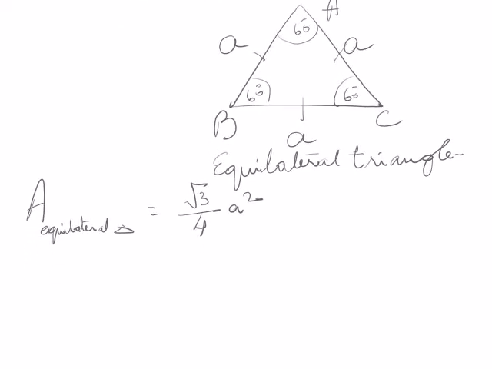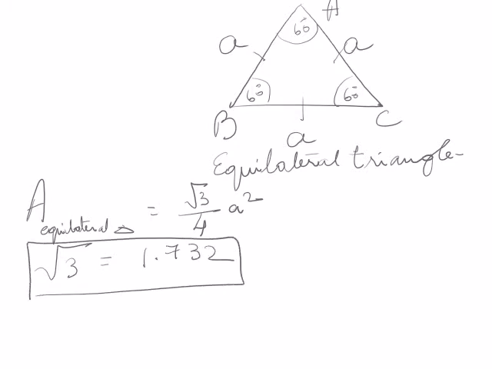Now what is the value of root 3? The value of root 3 is 1.732. You have to remember this and substitute 1.732 in place of root 3. So this is another formula.